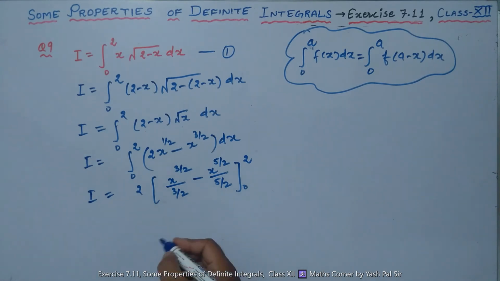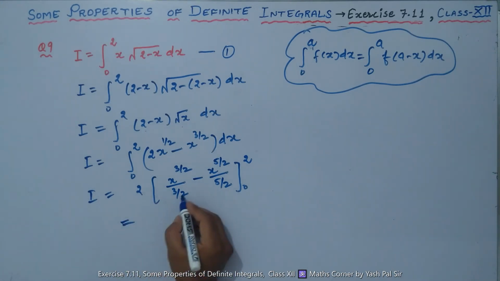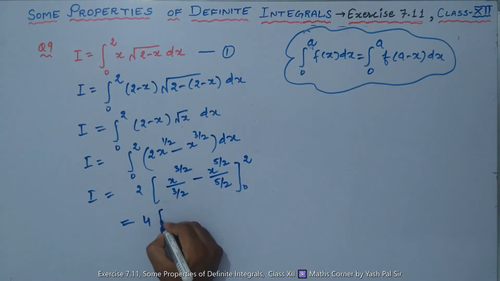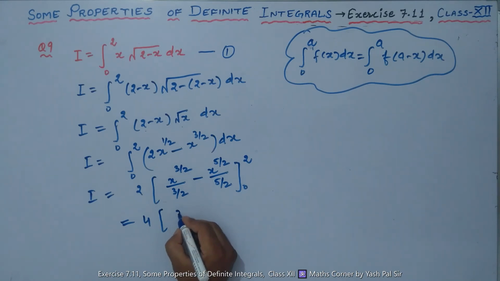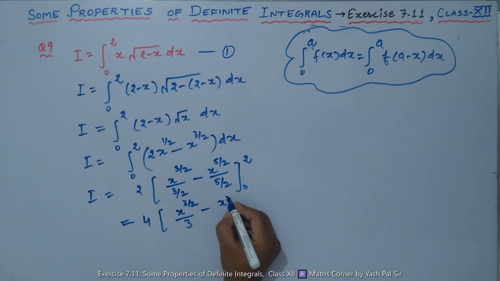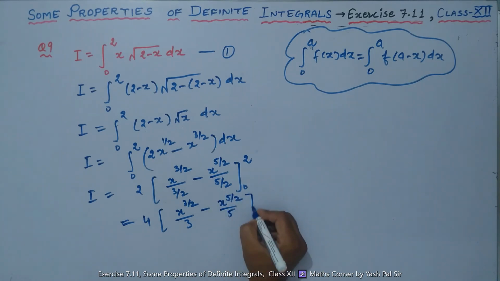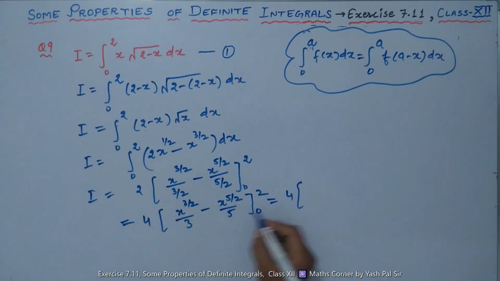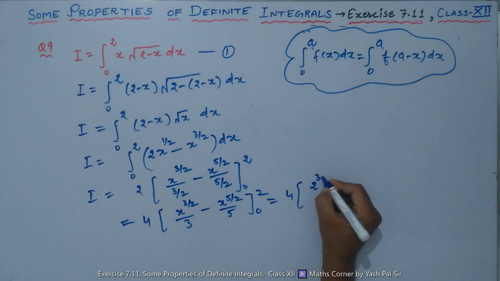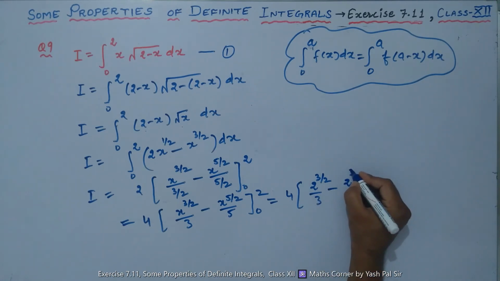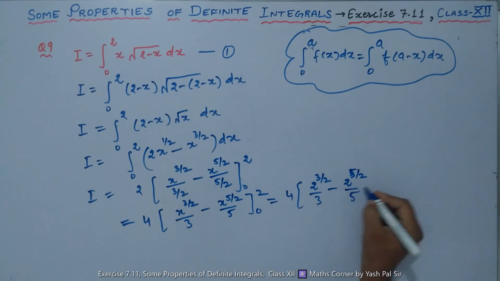So finally, 2 will be multiplied outside, so 4 into x raised to power 3 by 2 upon 3 minus x raised to power 5 upon 2 upon 5, from 0 to 2. First of all we put x equal to 2, so this becomes 2 raised to power 3 by 2 upon 3 minus 2 raised to power 5 upon 2 upon 5.